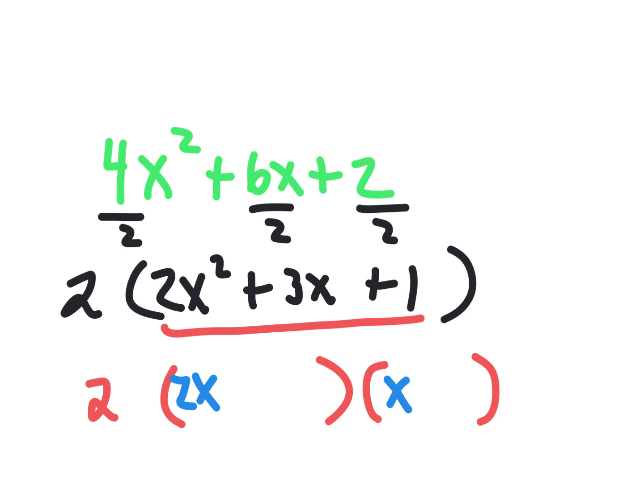Teo, signs? Plus and a plus. Only pluses in the problem. Amit. There's only one way to do this. This part. 1 times 2 makes 1. 1 and a 1. 1 times 1 makes 1.